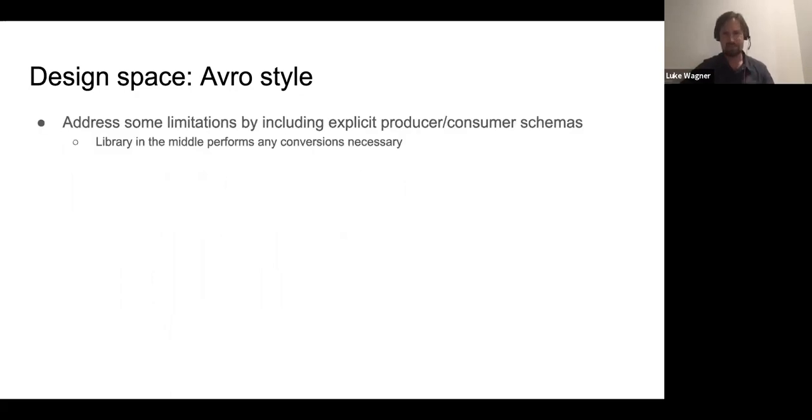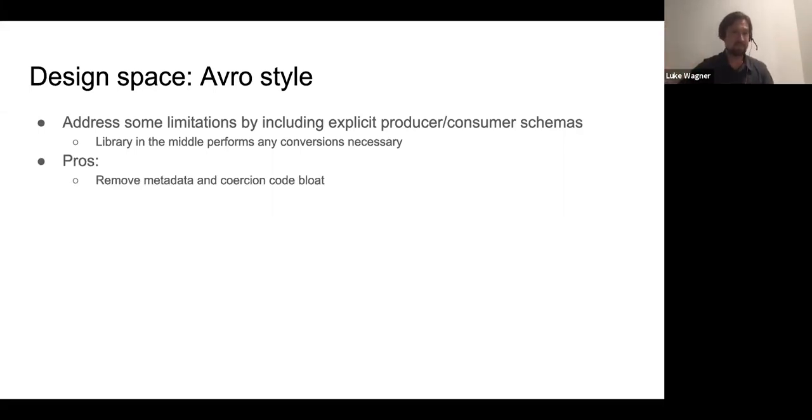To fix some of these, a pretty interesting thing that's lesser known in the protocol space is Avro. It's in the Hadoop ecosystem. And it addresses these limitations by having explicit schemas that are included somehow in the protocol and the message stream, in the context. What this allows is a library layer in the middle that performs any coercions when the schemas are not identical on both sides.